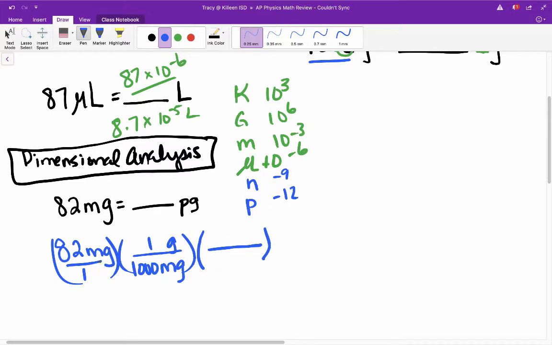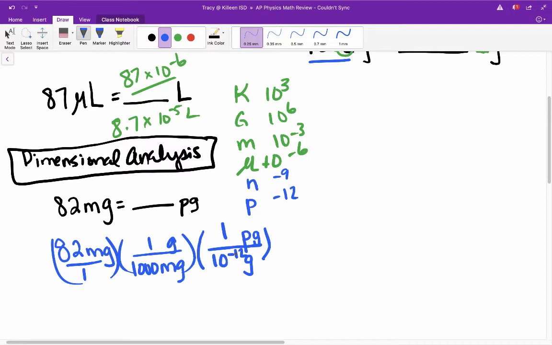So I got rid of my milligrams, and I want to take my grams, what's on top, and put it on bottom. And I'm going to picograms now, because I know off the top of my head that 1 picogram is 10 to the negative 12th grams.